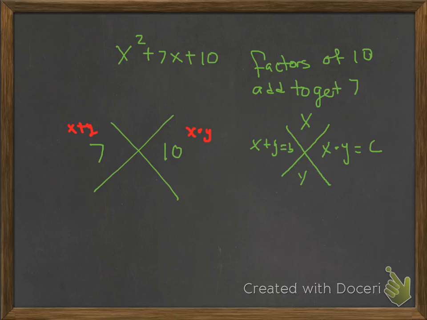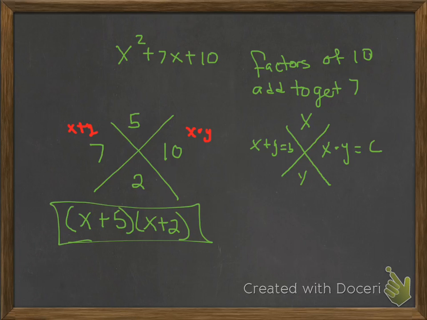Two numbers that multiply together to make 10, well, that would be 1 and 10, but that doesn't add to 7, or 5 and 2. And 5 and 2 make 7, so then I give two sets of parentheses, x plus 5 and x plus 2. And that would be our answer.